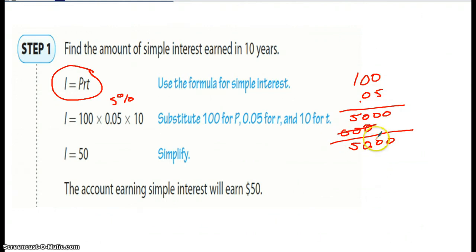So we'll have $50. So we know here that this is where they get the $50 from. Now this is what it says, that the account earns interest of $50. Okay, that's simple interest.